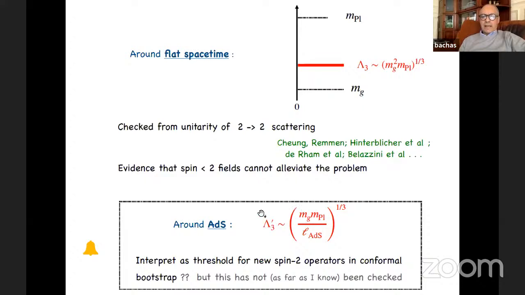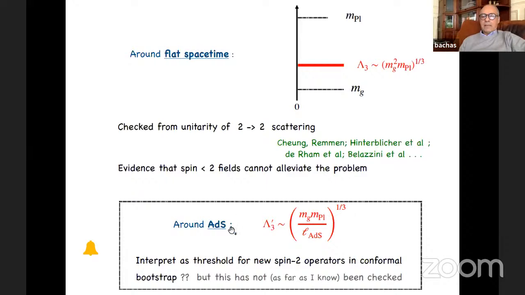One final thing I want to mention here is that this Λ3 scale I showed here is actually the one around Minkowski space-time. It's easy to do also the power counting argument around AdS. The net result is that 1 power of the graviton mass is now replaced by the AdS horizon radius scale. So it's almost the same thing as of AdS, the whole thing to the 1/3.